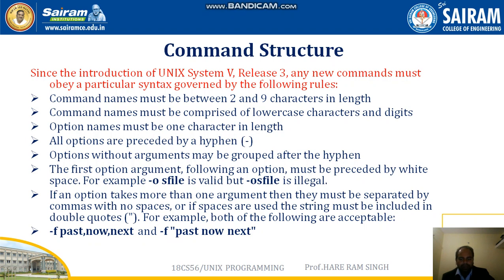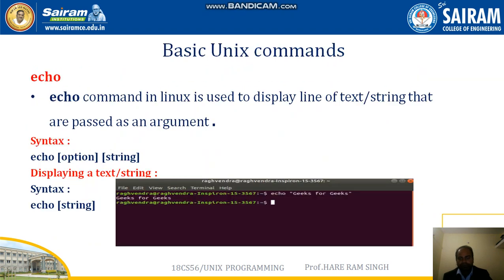For example, if more than one argument is there, they need to be separated using commas, like this: minus f past,now,next, or they can be put inside double quotes, like here, minus f "past now next". This is the structure of the command, and this is the standard which needs to be followed by any command in Unix.